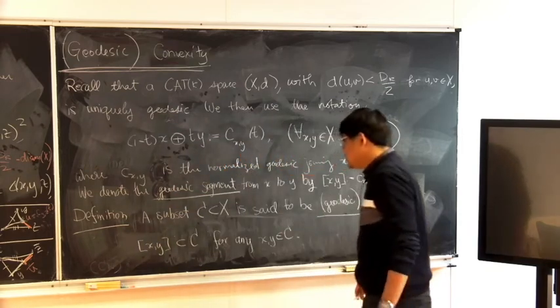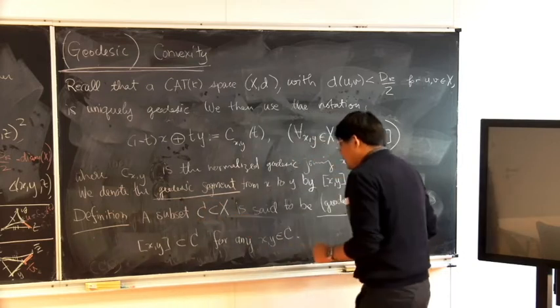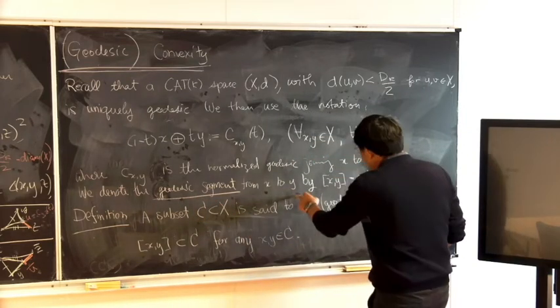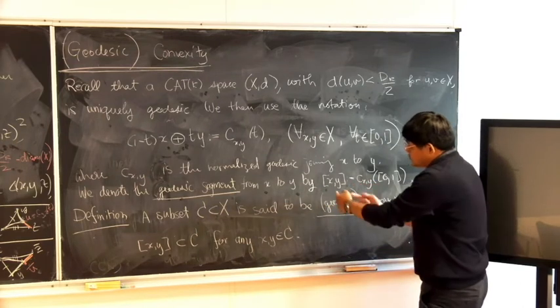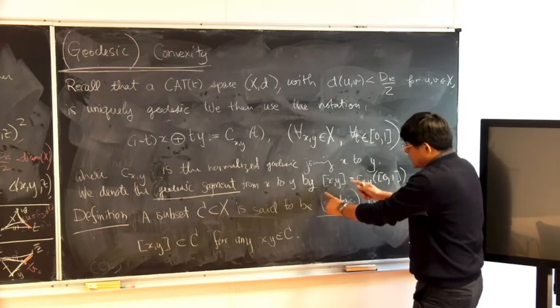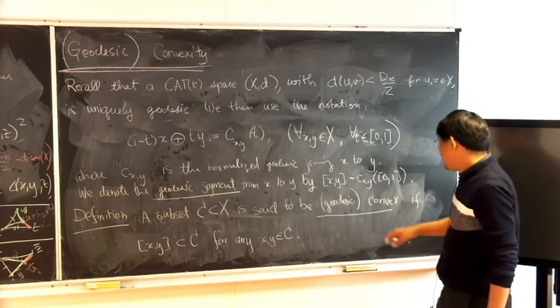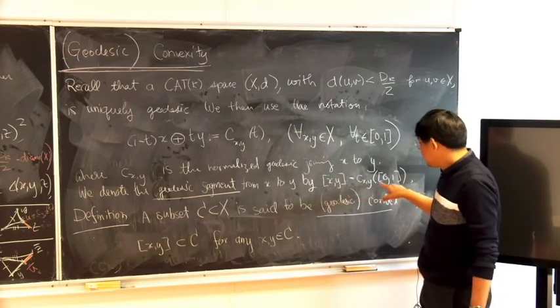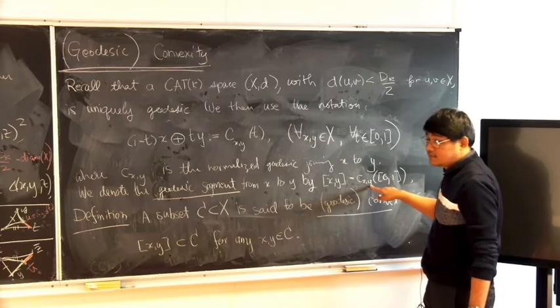Okay, so we will denote the geodesic segment joining x to y by this interval notation. So this is the segment joining x to y, including x, including y. Okay, this is just the image, right? The whole image of this geodesic function.